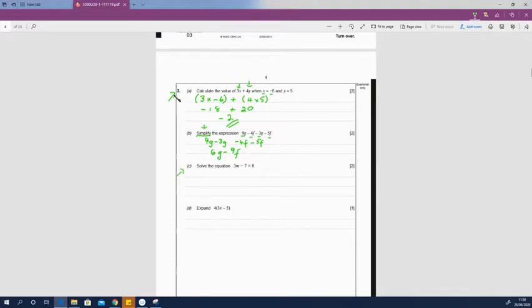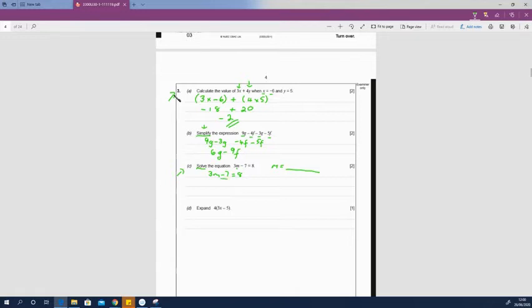Part C asks us to solve the equation 3m minus 7 equals 8. Solving an equation means finding the value of the letter, and the way that you do that is you want to rearrange the equation such that m equals something. So if we start off with 3m minus 7 is equal to 8, there are two steps to this equation.